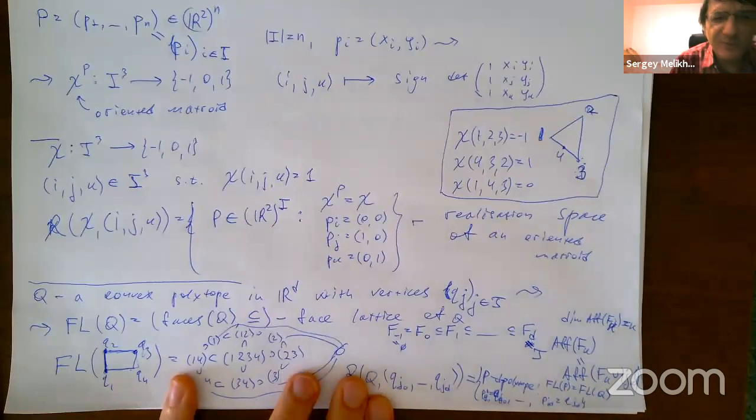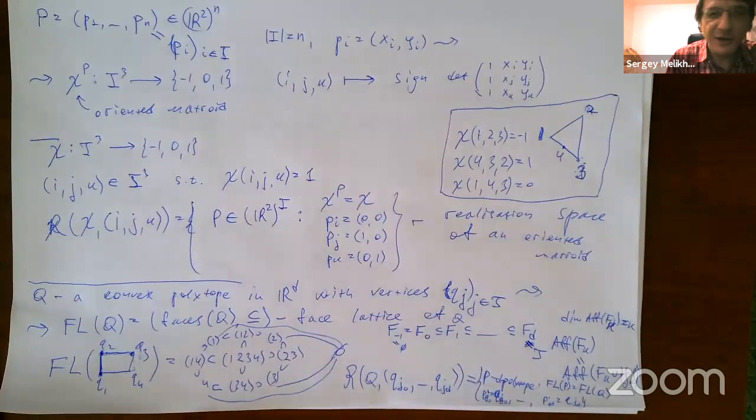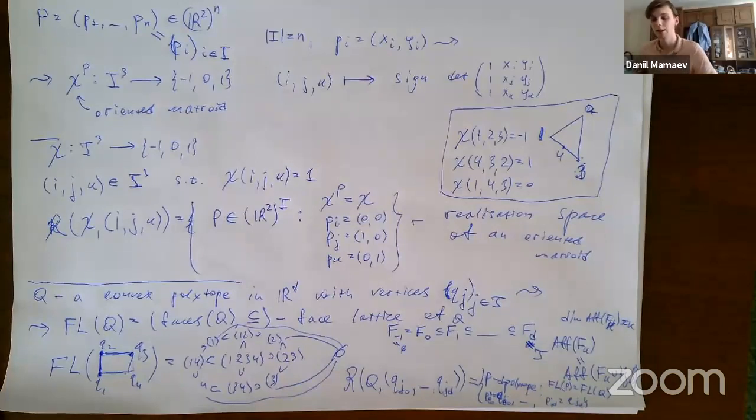Maybe it can be said in a less technical way: we just have a configuration of points in R2, and we want to remember which of them lie on the same line, and also the signs of the areas for each triple of points. Exactly.